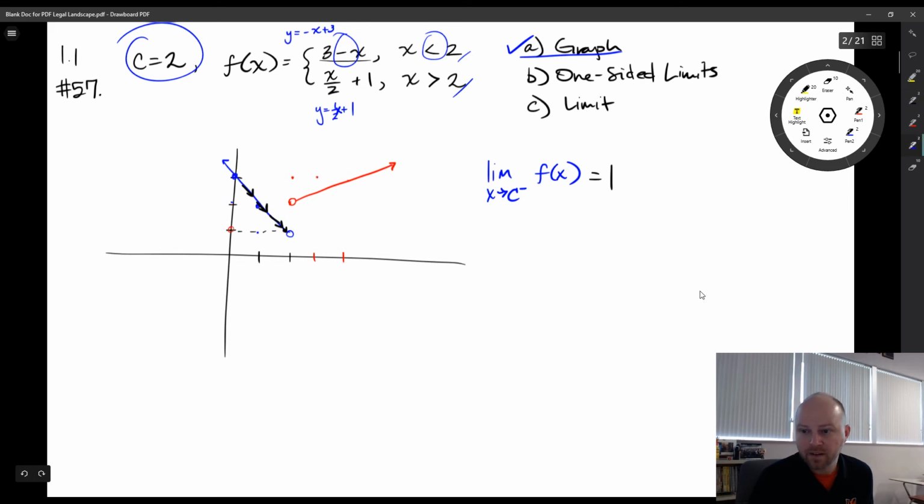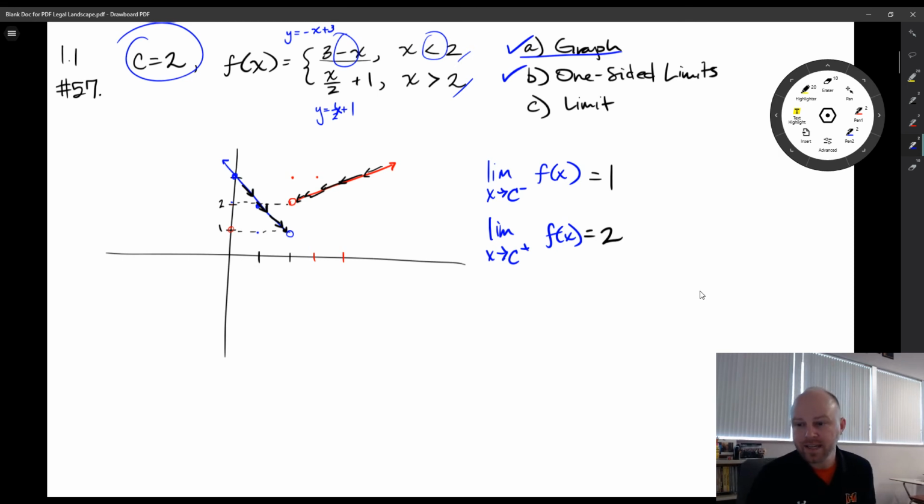And then the right-sided limit, let's take a look at the right side of the graph as we approach 2. From 2's right side, we are heading to a y value of 2. So there's part B, the one-sided limits.